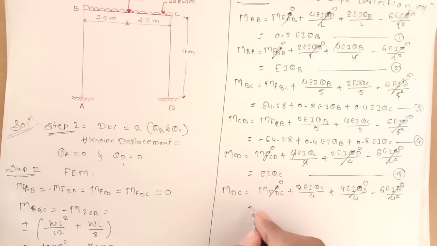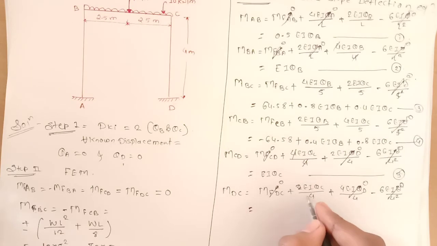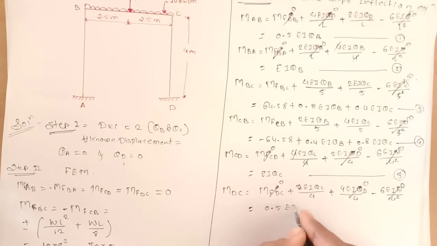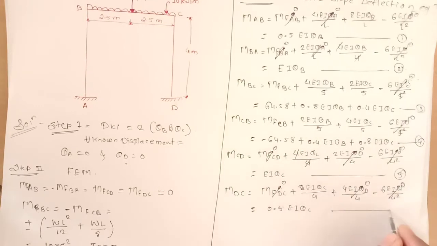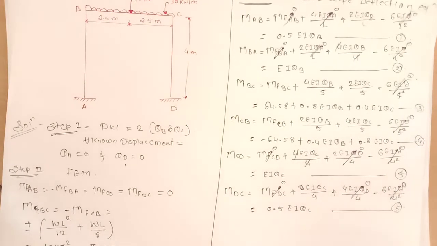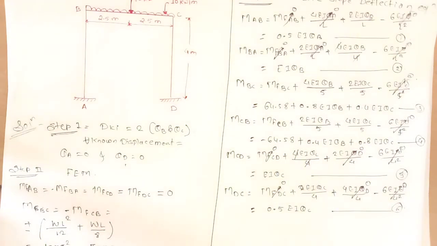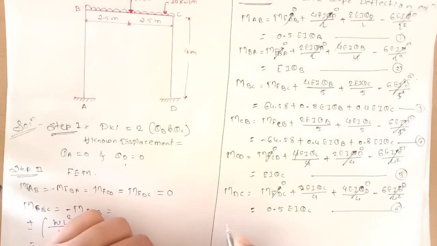So remaining is 2 divided by 4, which is nothing but 0.5, so 0.5 EI theta C. This is equation number 6. Okay, these six equations are our slope deflection equations. Then next, step number 4, apply equilibrium equations.